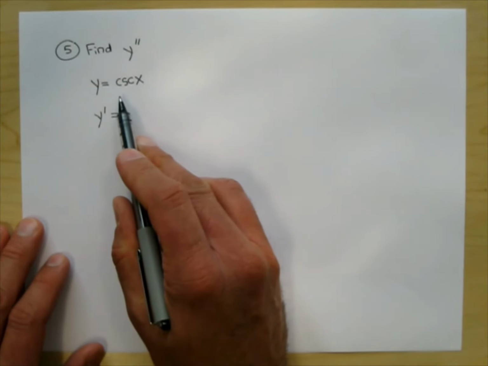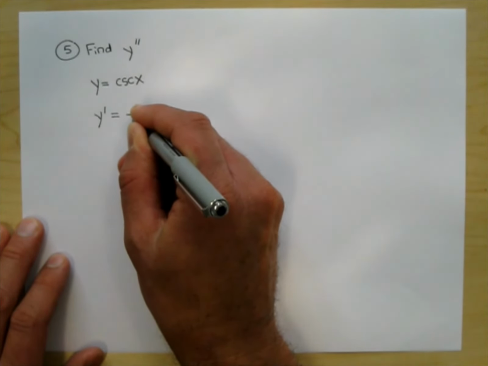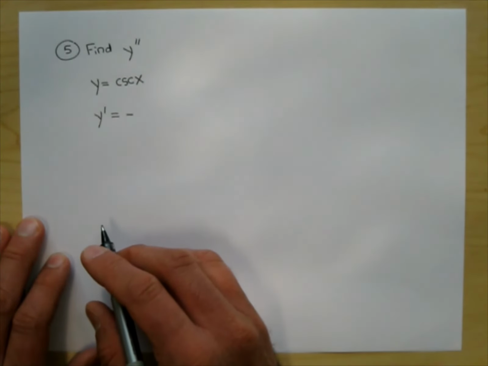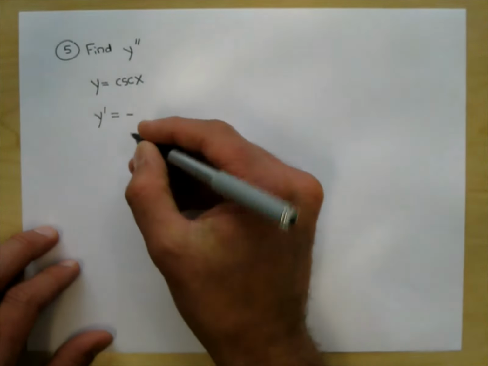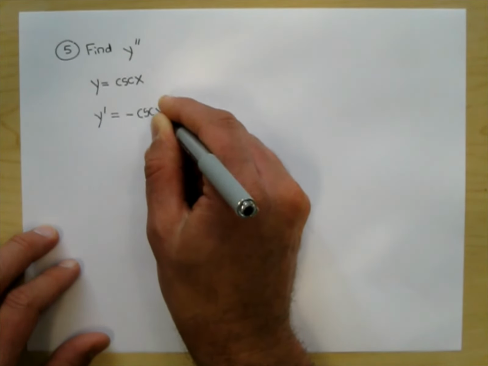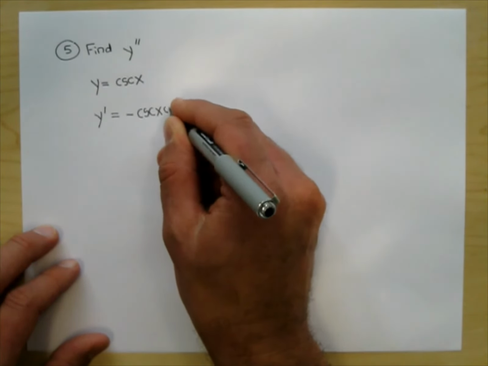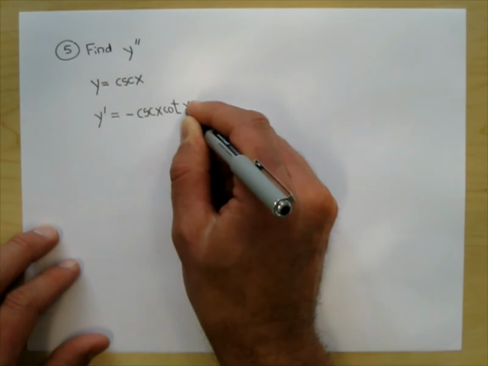But the derivative of something that starts with a C is negative. And remember, it's the secant and the cosecant who like to scream out, it's all about me. And so the derivative of this guy is this guy, negative cosecant x cotangent x.